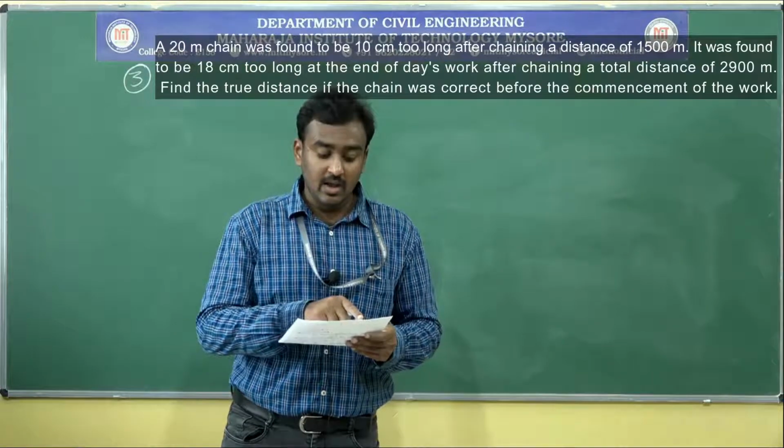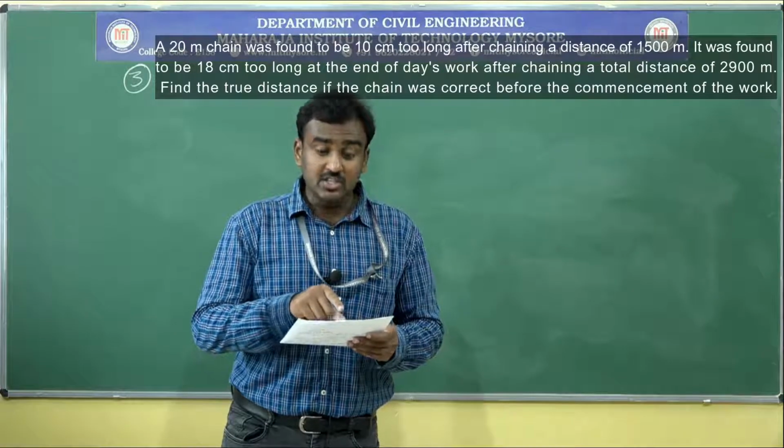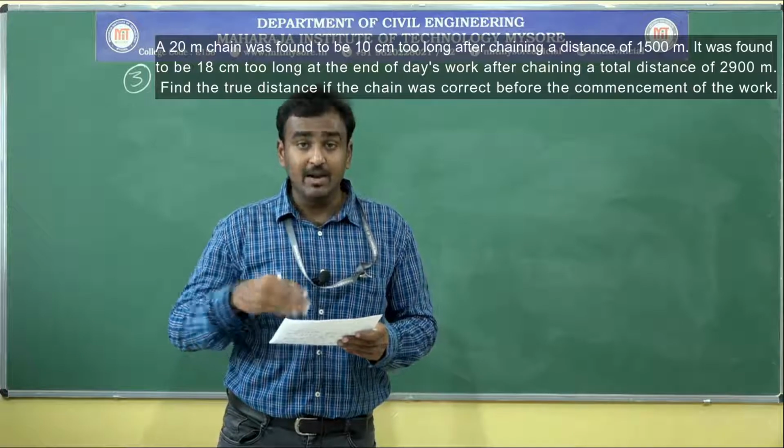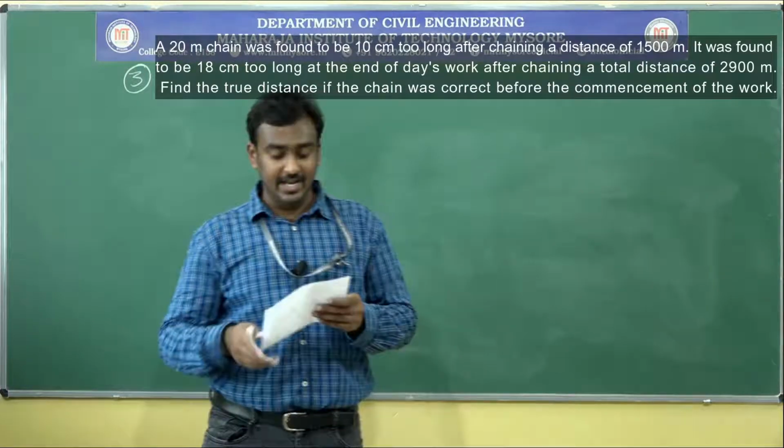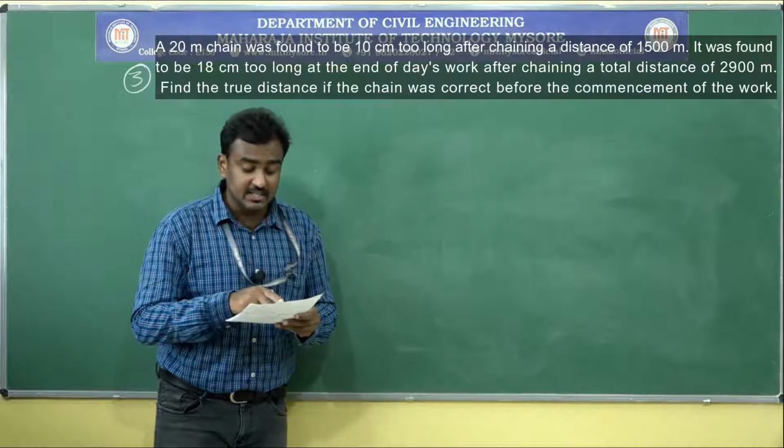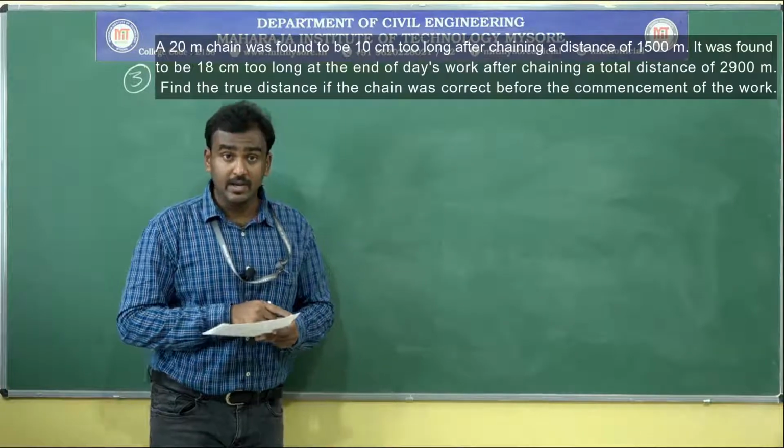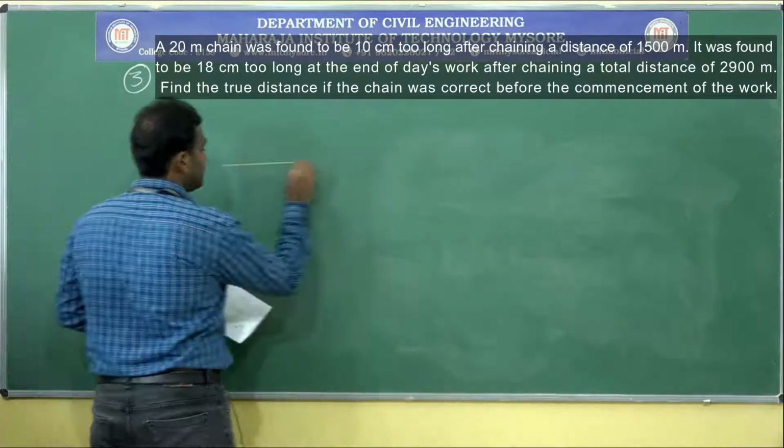A 20-meter chain was found to be 10 centimeter too long after chaining a distance of 1500 meter. You should observe very carefully.